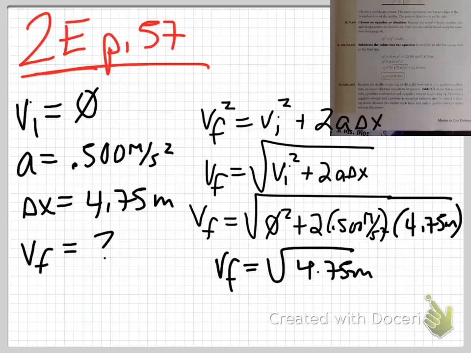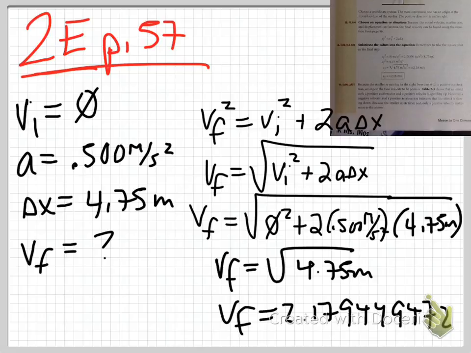So the square root of 4.75, we get a final velocity of 2.179449472 meters per second. And if we look at that, of course, we had meters squared over seconds squared. Square root of that is meters per second.